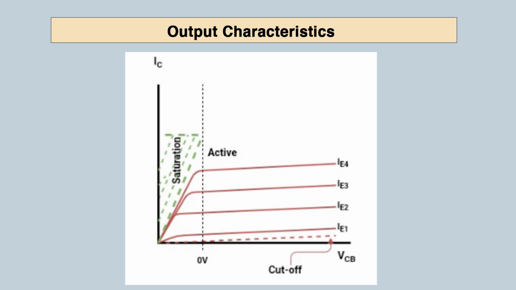These are the output characteristics for common base configuration. In the common base configuration, output characteristics are formed by IC on the y axis and VCB on the x axis. This is how the output characteristics of a common base configuration look. Here we have three modes: saturation, active and cut off, as shown in the figure.